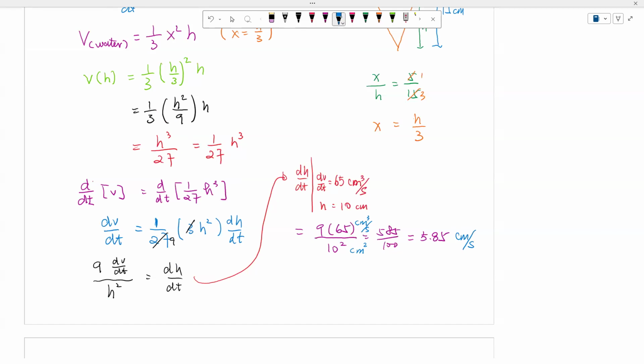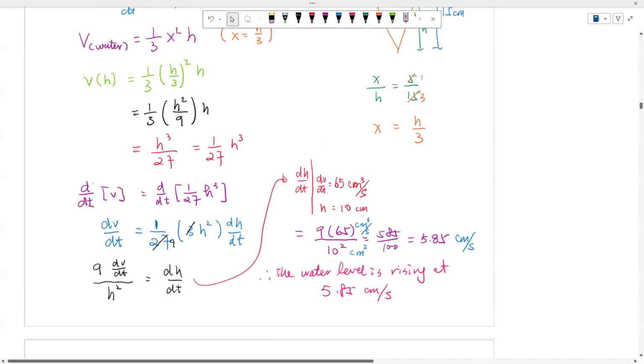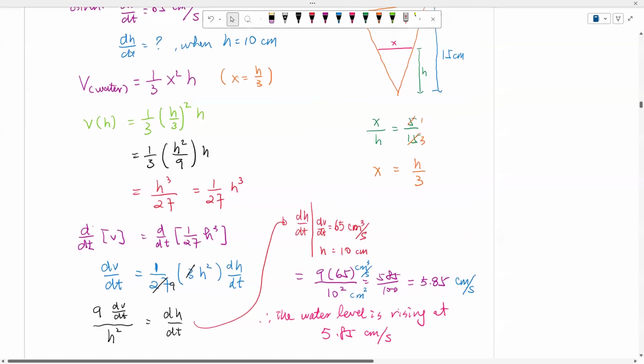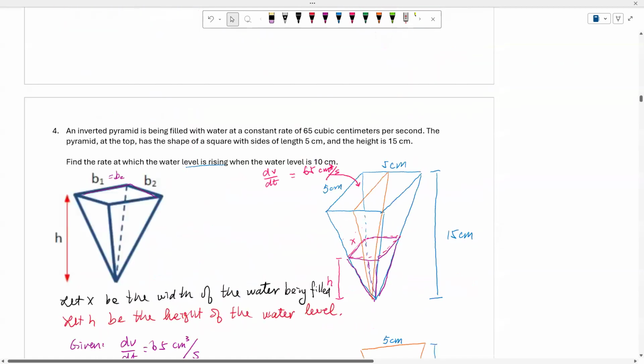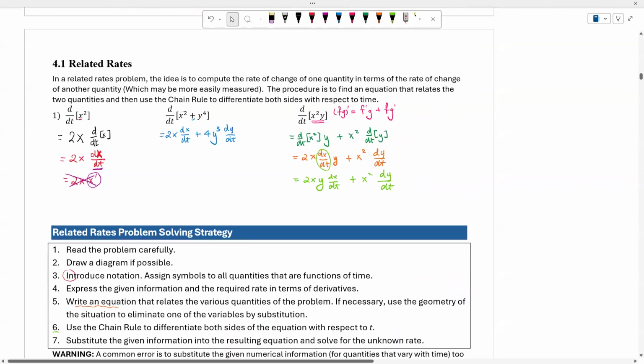So we know that the water level is rising at 5.85 cm per second. So this is an example related to related rates. Thank you.